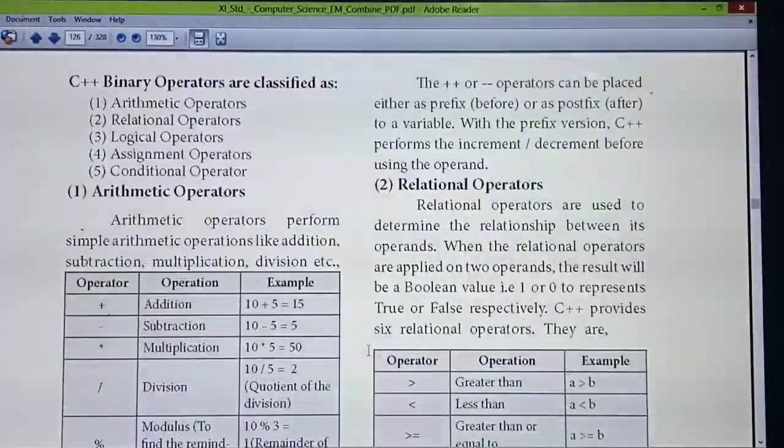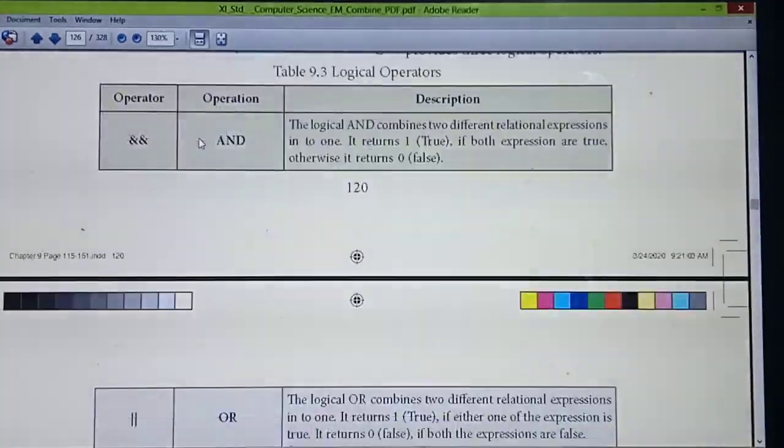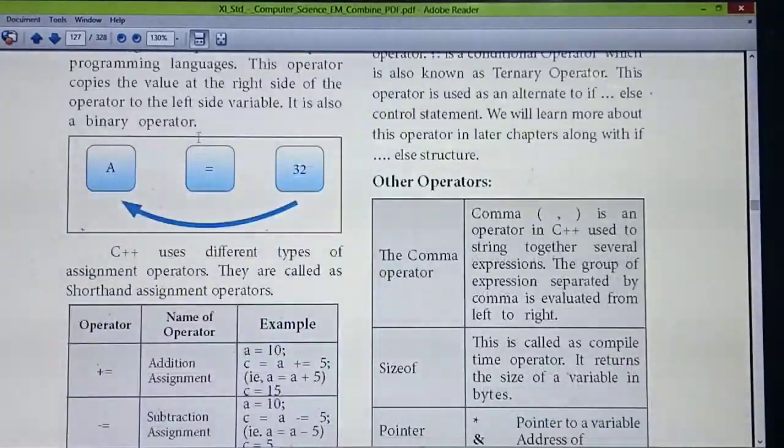Starting from here, C++ binary operators are classified as, from here till the next page, page number 121, before the heading other operators. Have you all marked?